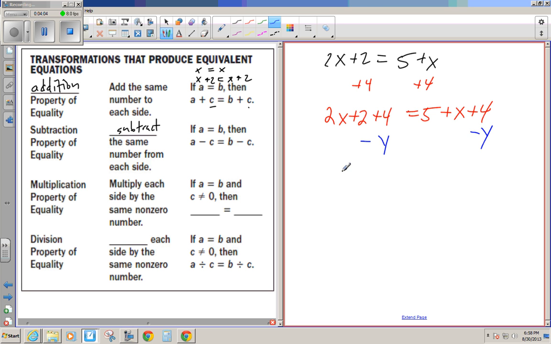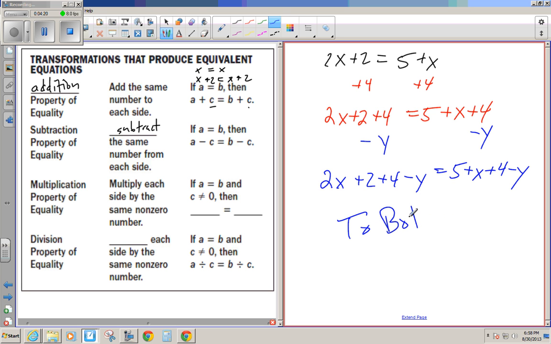I don't know why you would, but you'd end up with 2x plus 2 plus 4 minus y equals 5 plus x plus 4 minus y. They are still equivalent equations because I did it to both sides.